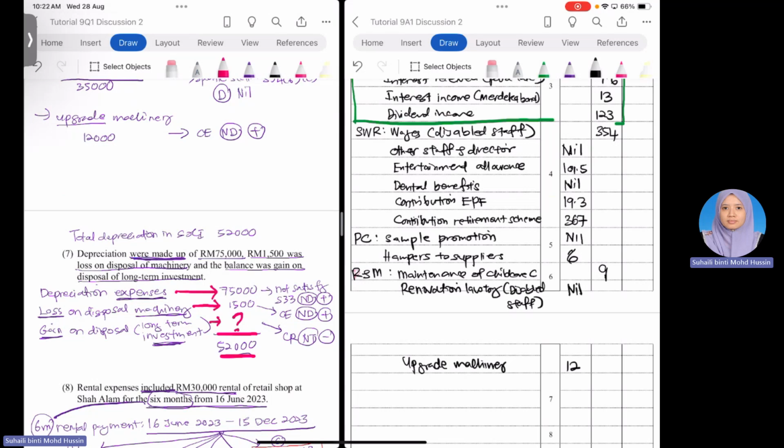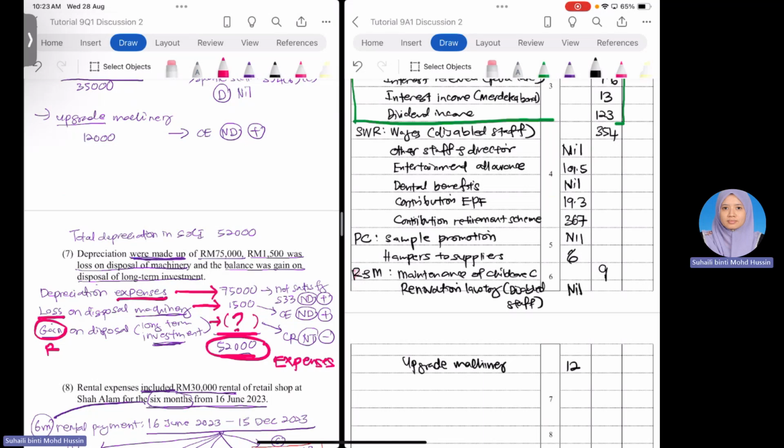Remember that you are recording 52,000 ringgit as expenses. Depreciation is an expense, loss is also an expense, but the gain is revenue. So the amount here should be negative because this is a gain. You record expenses, but you include one of the items as revenue, so to differentiate, you have to make a column there. Anyone can get the amount for me?